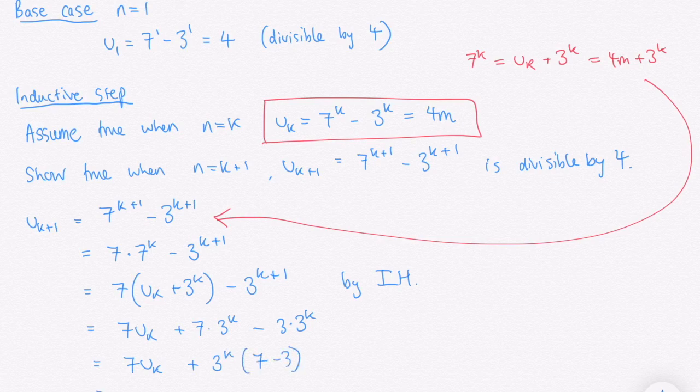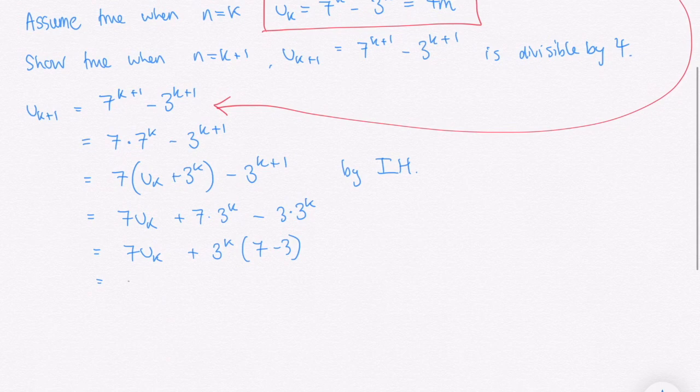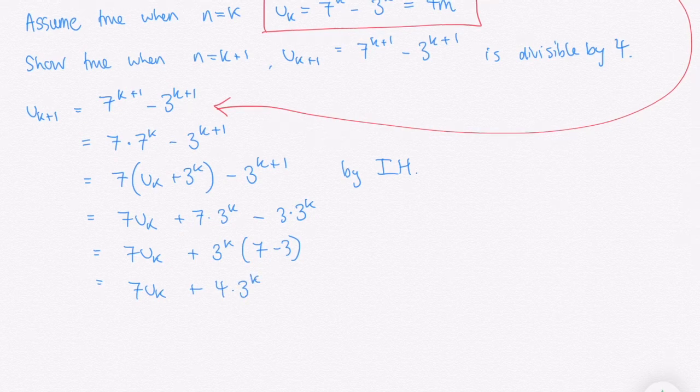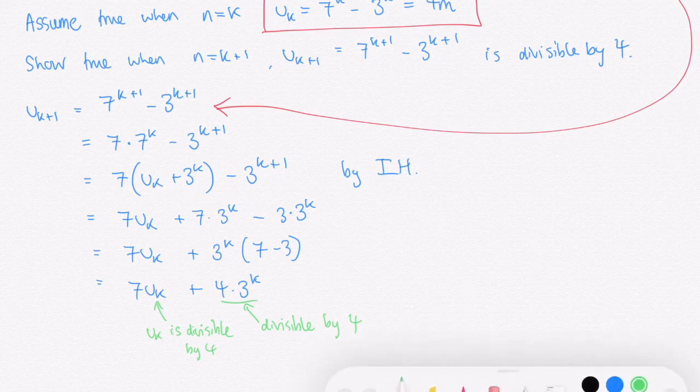So this is 7 lots of u_k plus 4 lots of 3 to the k. But we know by assumption that u_k is divisible by 4. And this term here is also clearly divisible by 4. So this whole expression is divisible by 4 as we wanted to show.